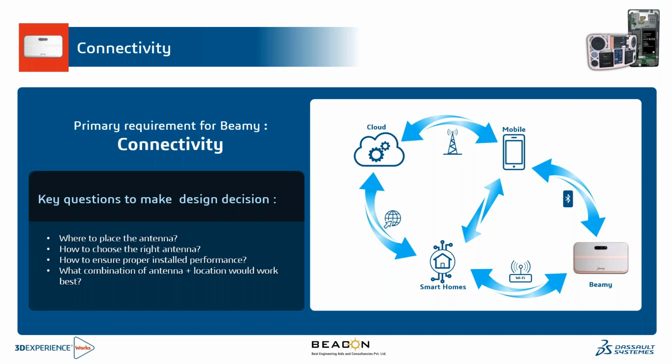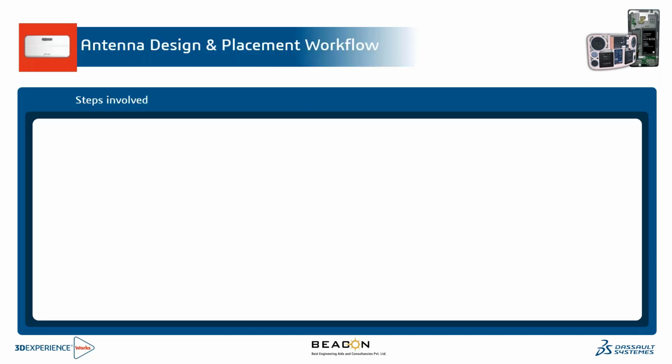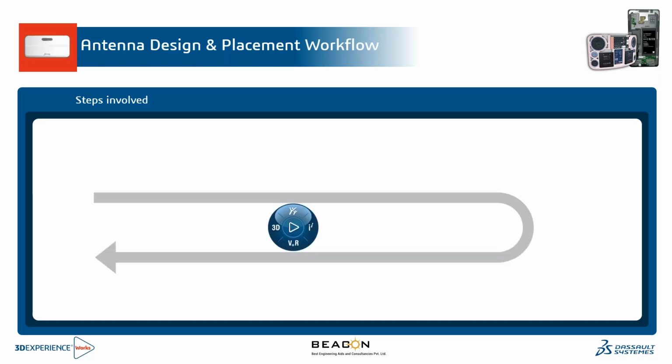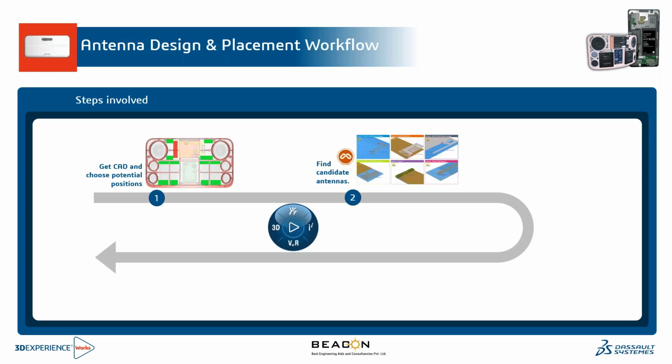We'll see step by step how this is possible and what the steps are in finalizing the design with the antenna installed into the projector. To start with, we will look at the CAD models from the mechanical team and choose potential positions to place the antennas.